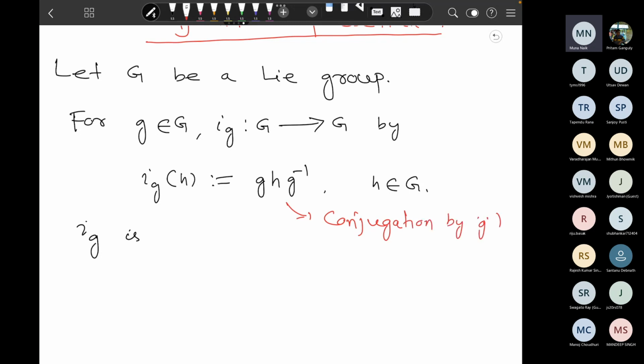And this is really an automorphism of G. So I_g is a smooth isomorphism from G onto G.